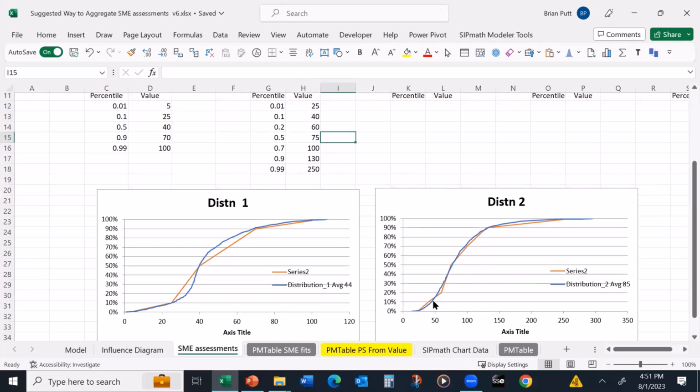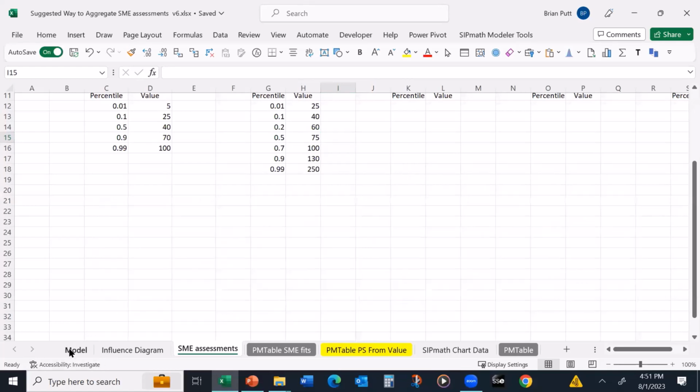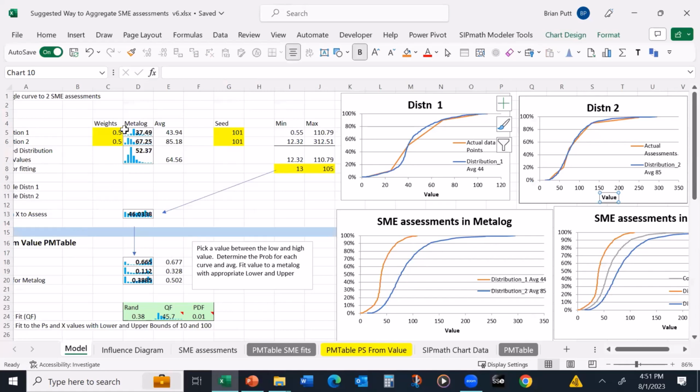So now we have these two metalogs of our two distributions, and they are reflected here. And we can plot those two distributions here. This is distribution 1 and distribution 2. You might come back here and ask, well, why did I take the maximum of the minimums and the minimum of the maximums?